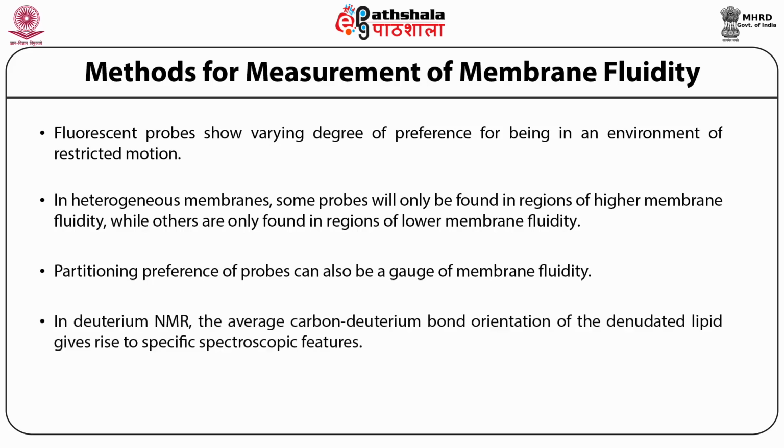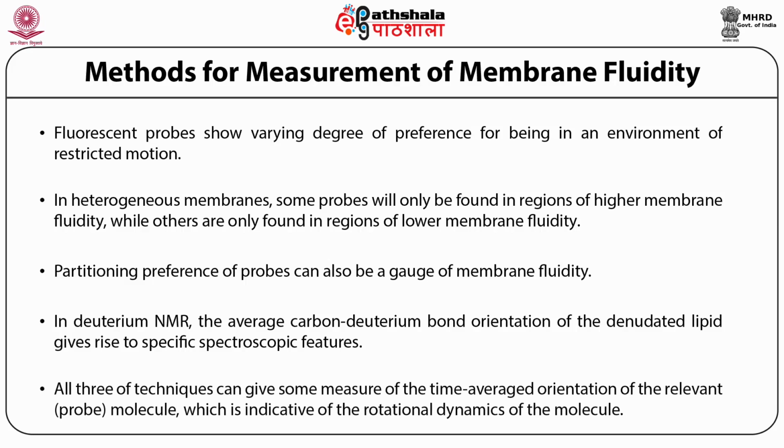In deuterium NMR, the average carbon deuterium bond orientation of deuterated lipid gives rise to specific spectroscopic features. All these three techniques can give some measure of time average orientation of relevant probe molecules, which is indicative of rotational dynamics of the molecule.